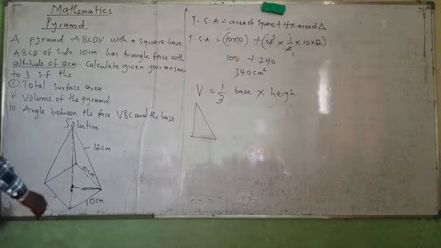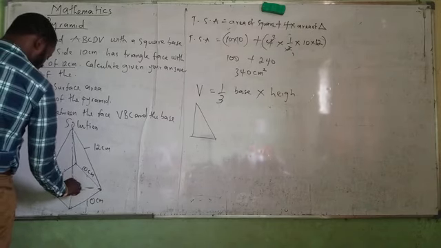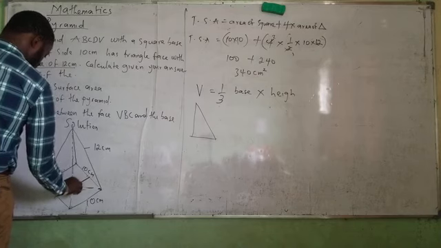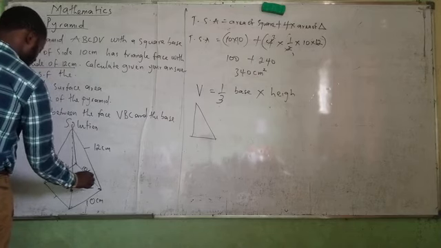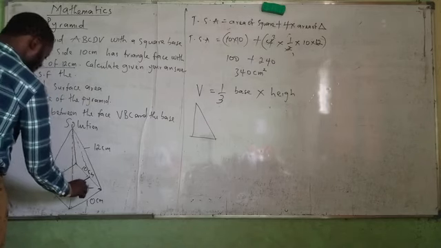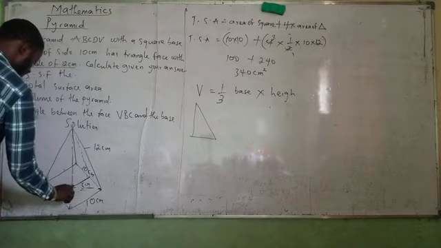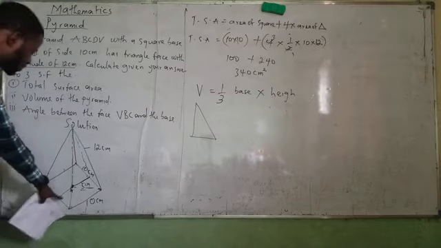Let me not complicate matters. Yes, I call this place M, and I have another slant 13. Here will be 5, because from here to here is 10. That will be 5.